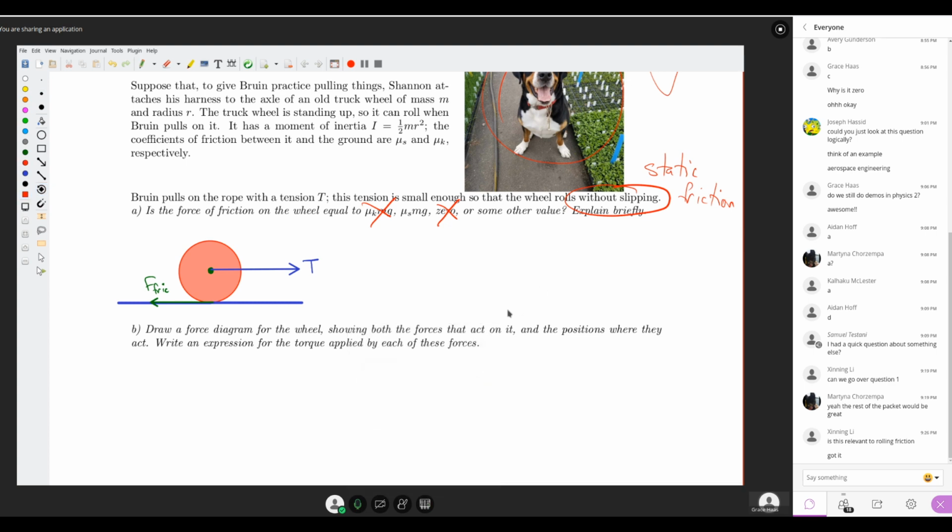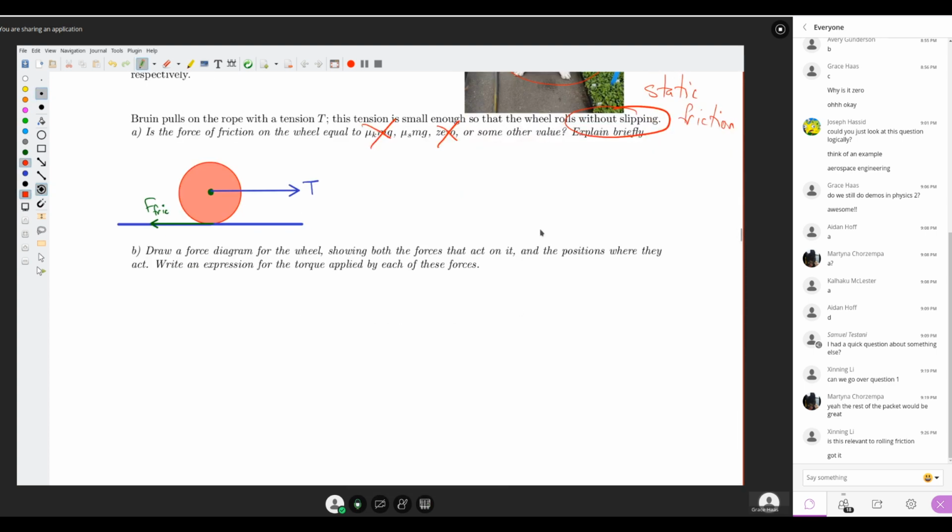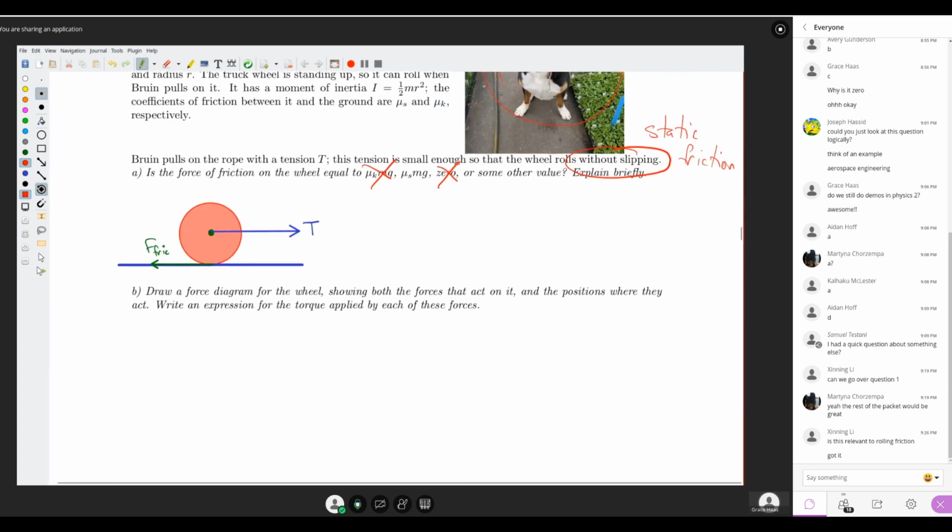So I guess we already drew a force diagram, didn't we? So here we'll choose the pivot to be at the center. So here, the torque due to tension is just 0 because it acts at the pivot.